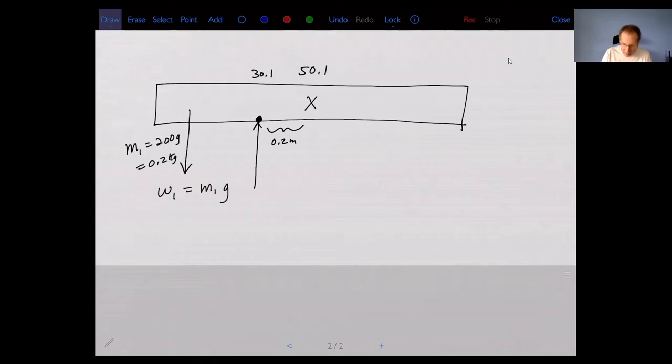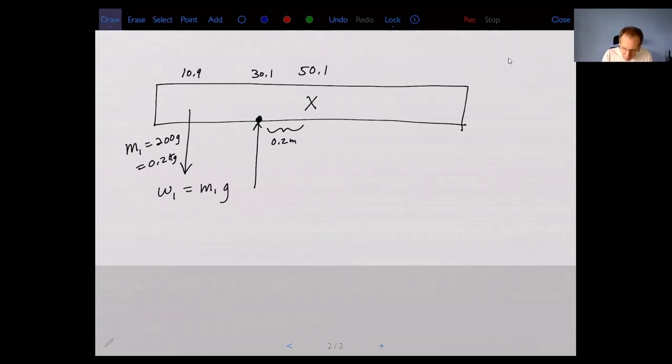I just multiply M1 times G. So 0.2 times 9.8 is the actual force, right? And it turns out that this balances. So I had to place that at some location such that the entire meter stick was balanced. So it's in rotational equilibrium. And it turned out that it balanced when this location was 10.9. So when I put it at 10.9 centimeters, it balanced.